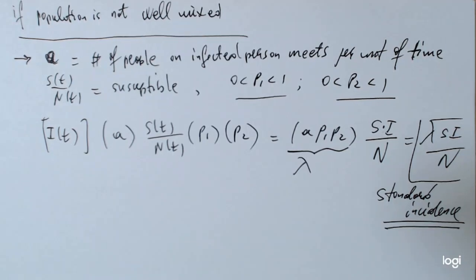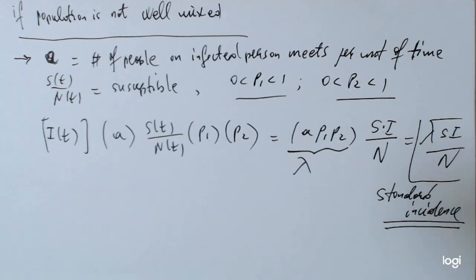So maybe most people meet 5 people per day, but a certain individual who happens to be infectious goes to various events in a couple of days where he or she meets a huge number of people compared to the average. In that case, that single infectious person could be the cause of a huge spread of the disease. When you put it in the model, this again is an average.